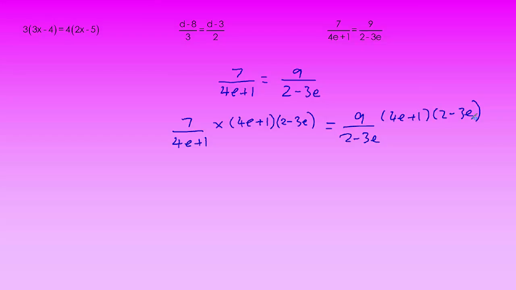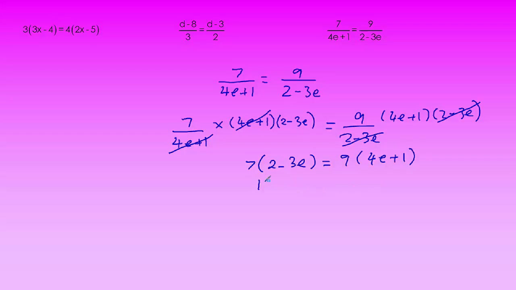Like so. Now on this side, this will cancel with this. On this side, this will cancel with this. So I'm left with 7 lots of 2 minus 3e is 9 lots of 4e plus 1.